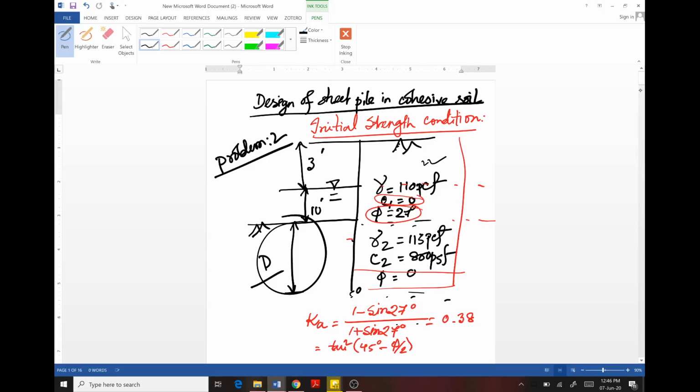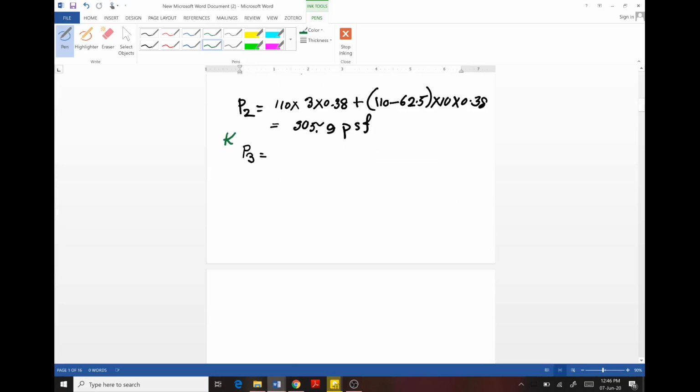What is the equation for solving earth pressure? Pa, which is active earth pressure or active thrust, is Ka gamma h minus 2c root over Ka, and passive thrust is Kp gamma h plus 2c root over Kp.